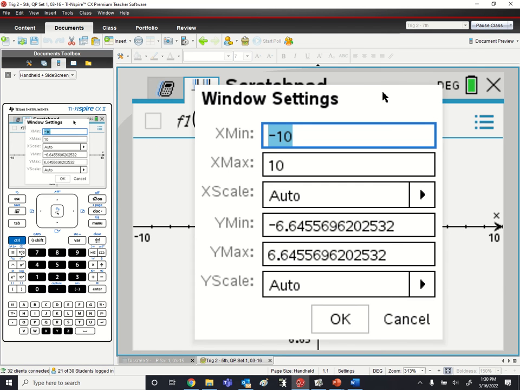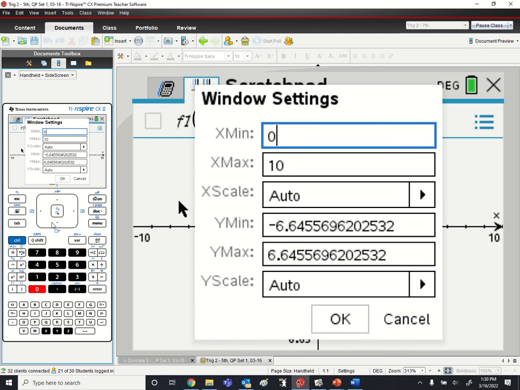All right, there, x min 0, 360, -2 and 2.